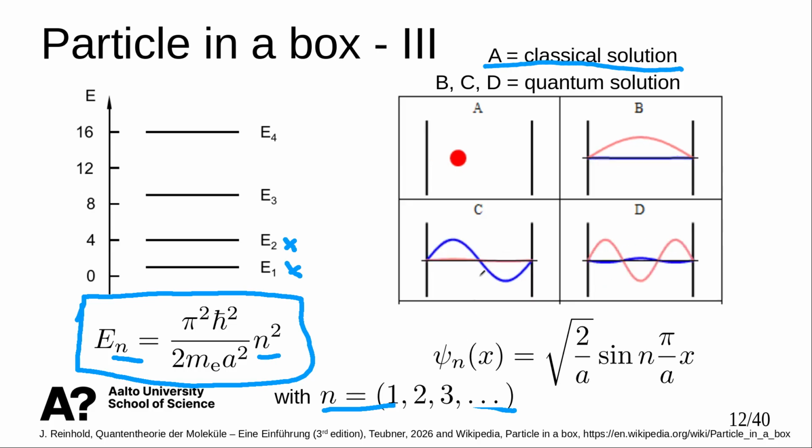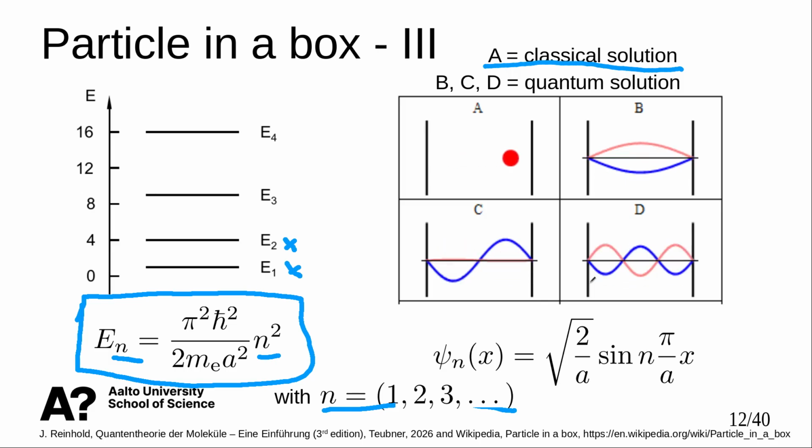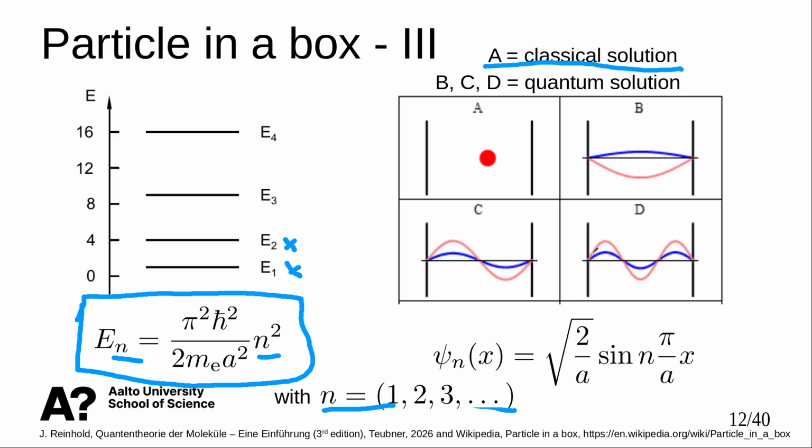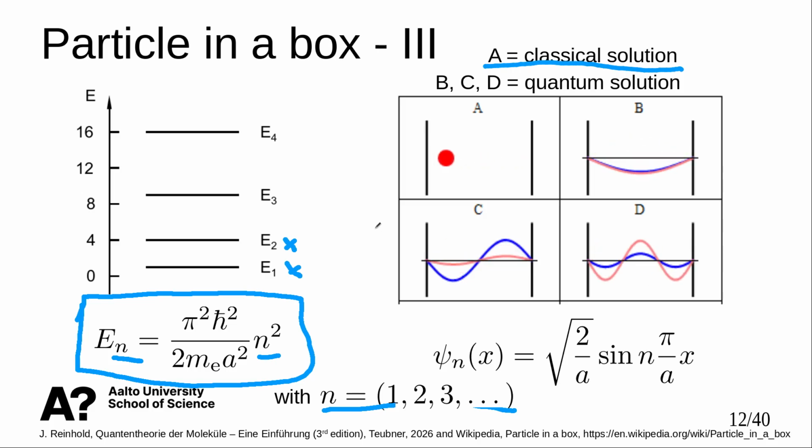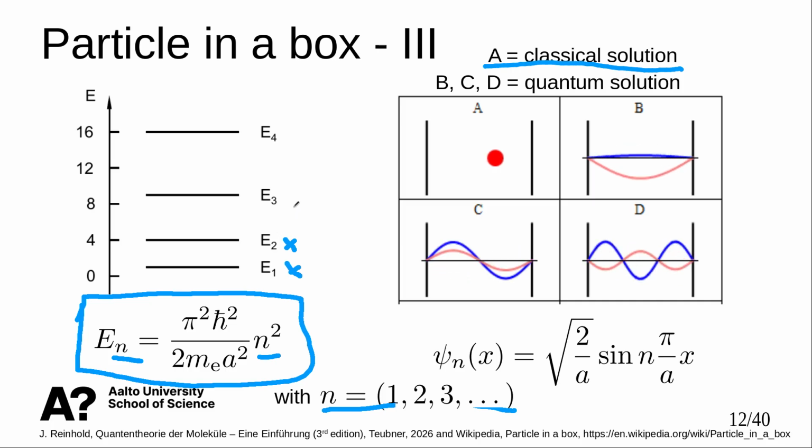For n equal 2 we have one node plane, and for n equal 3 we have two node planes, and so on and so forth. So at the node plane, as you can see here, the probability is 0, and then on either side, halfway between the nodes, it's basically maximum. And that's the state function solution for our particle in the box.